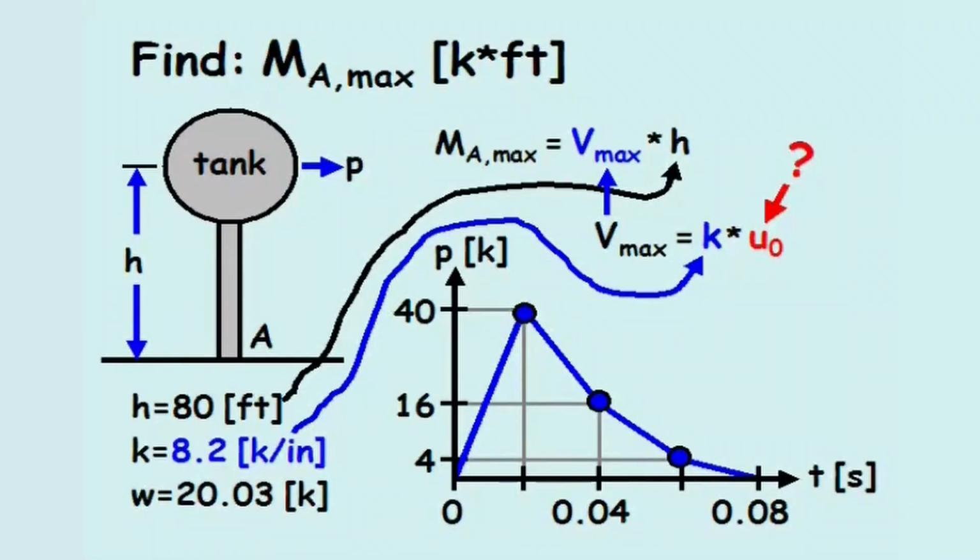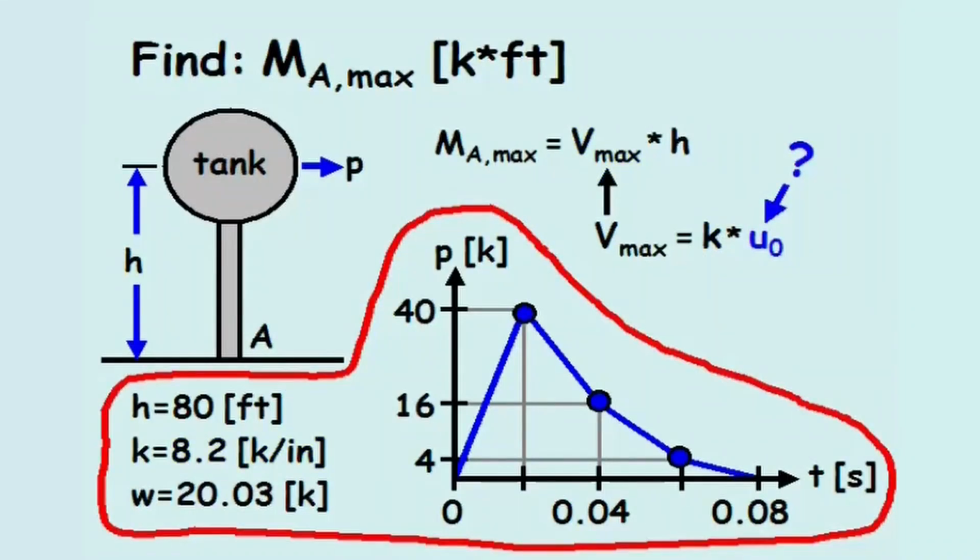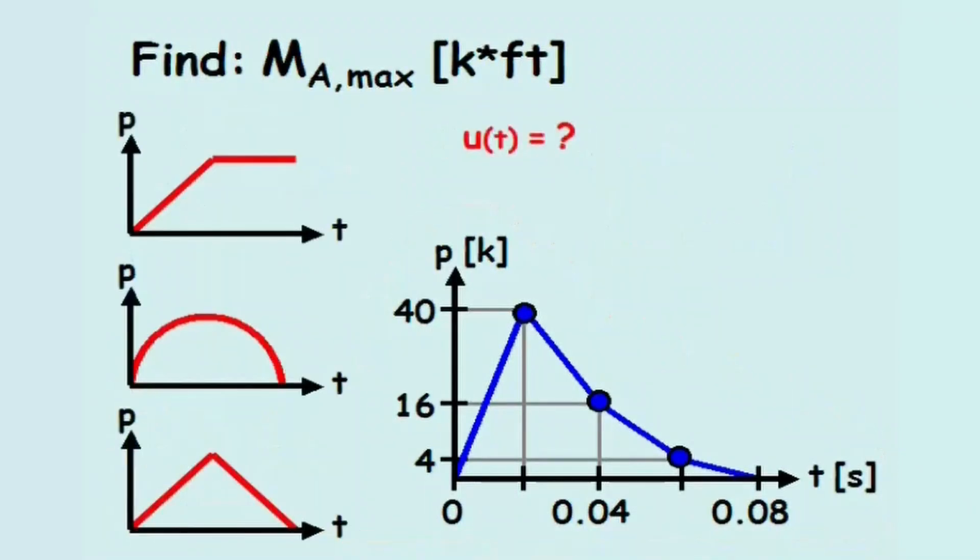The displacement of the tank as a function of time depends on the tank properties and the tank loading. The response of a system, U of t, has been determined for various standard loading patterns, such as the ramp up to constant, the half sine, and the triangular pattern.